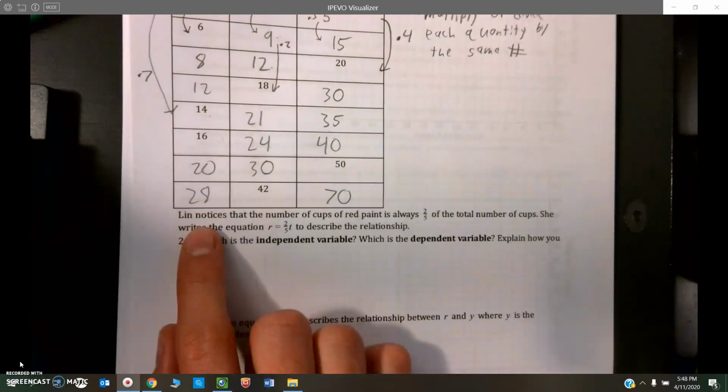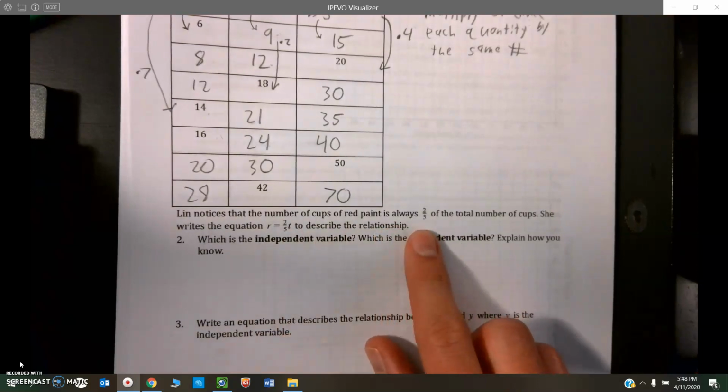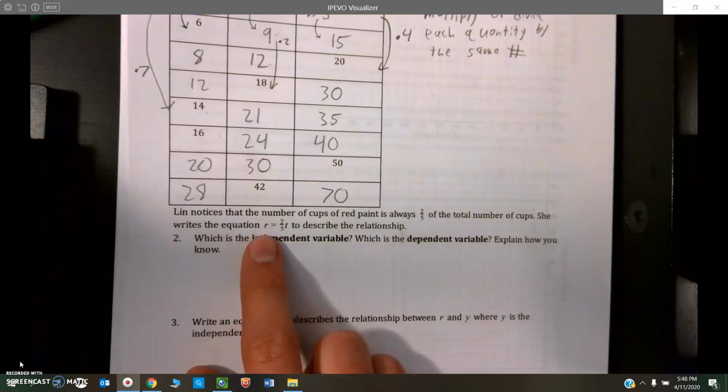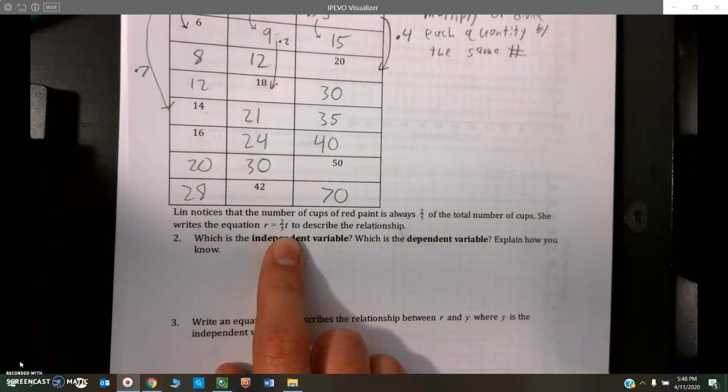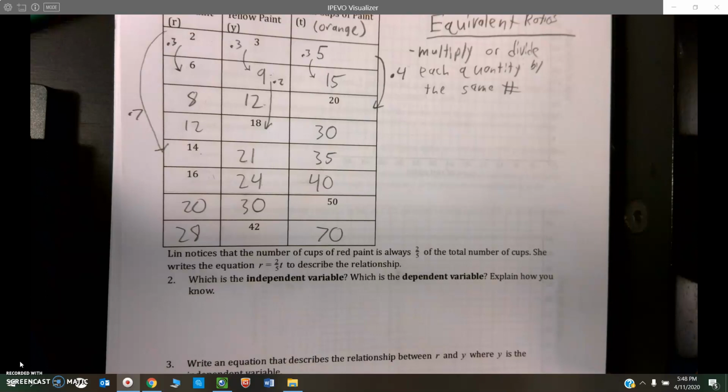So, Lynn notices that the number of cups of red paint is always 2/5 of the total number of cups. She writes the equation R equals 2/5 T to describe the relationship. That's interesting. Let's see if that's true.